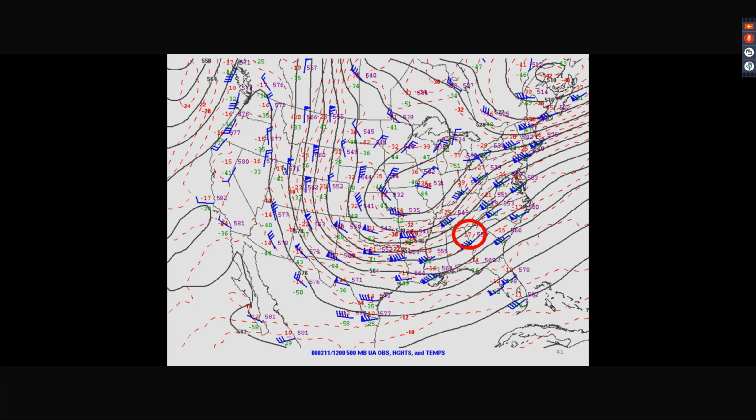We're looking at the red dotted lines, and those are isotherms, or lines of constant temperature. In the center of the low, it's minus 36, much colder in the center of the upper level trough.